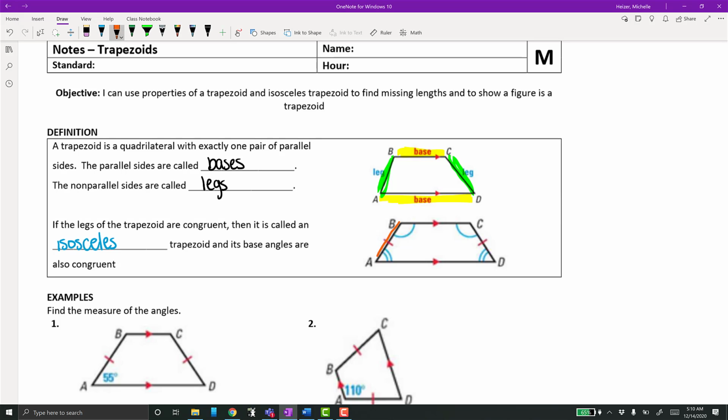So if these legs, AB and CD, are congruent, then the angles opposite them are also congruent. This would be a base, so these base angles are congruent. And this is also a base, and these base angles are congruent. So let's use these properties and look at some examples.